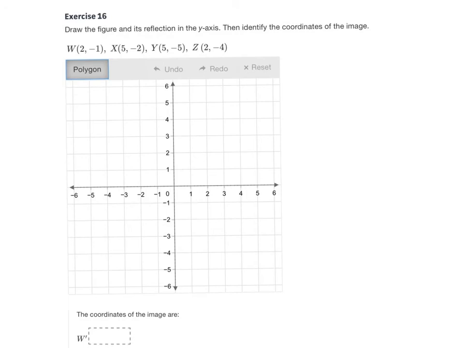So I'm going to start by graphing this. I've got 2, -1. That's W. Then I have 5, -2. 5, -2 is X. Then I have 5, -5, which is Y. And then I have +2, -4.